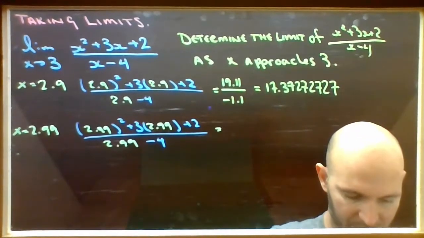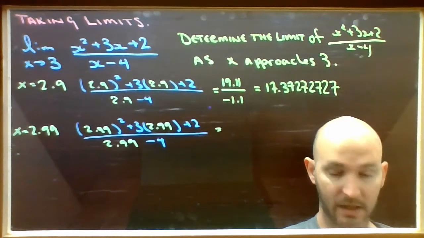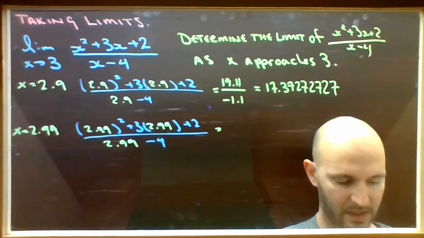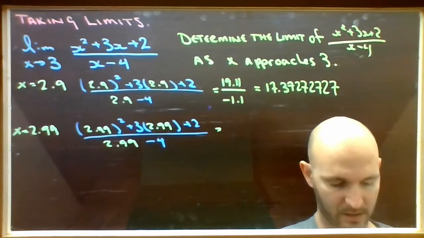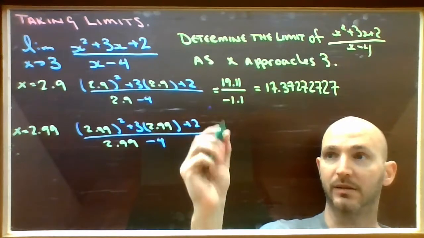I'll do the top first: 2.99 squared plus 3 times 2.99 plus 2 equals 19.9101.